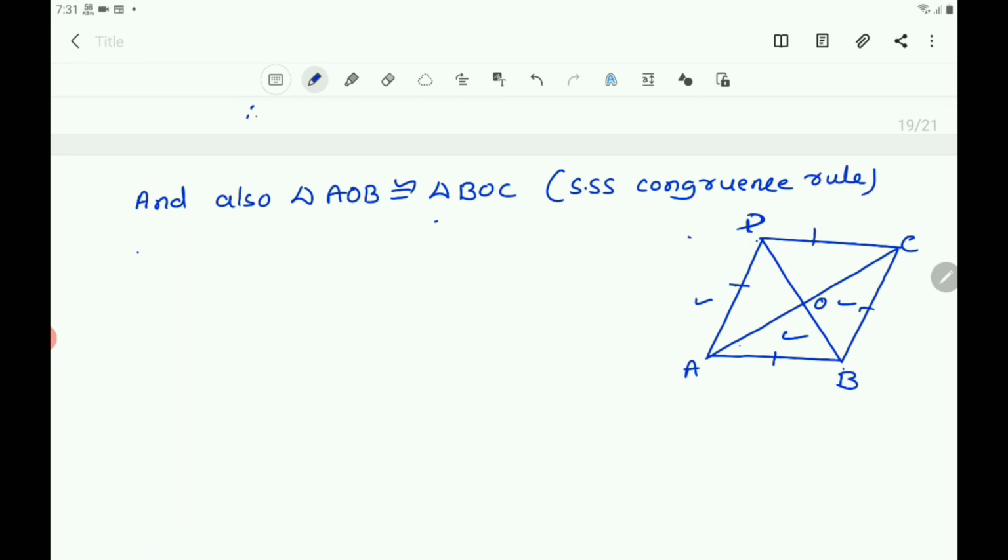According to SSS congruence rule, therefore you write angle ABO equals angle CBO, that is CPCT.